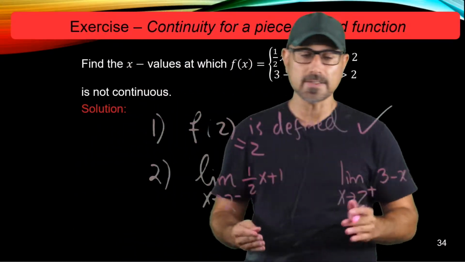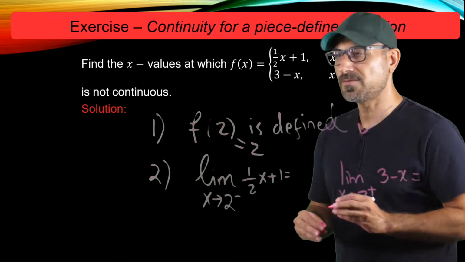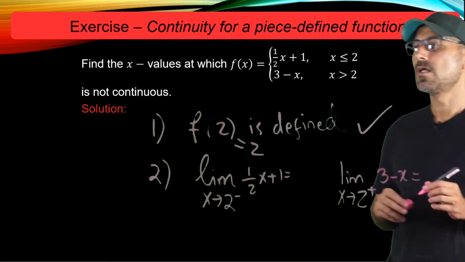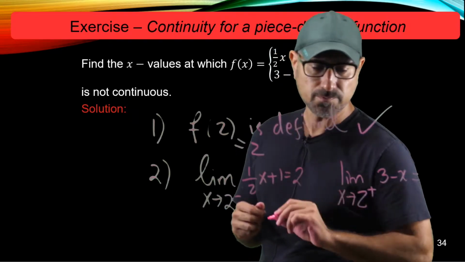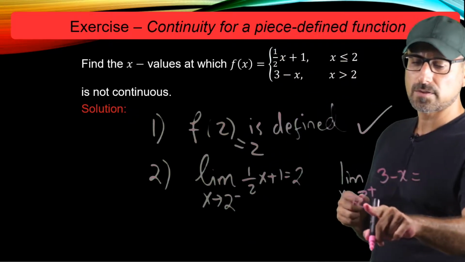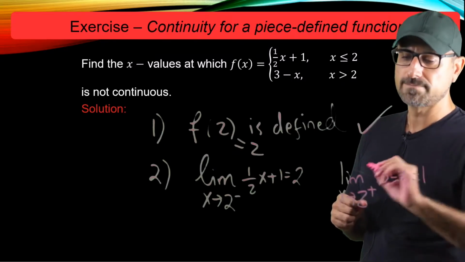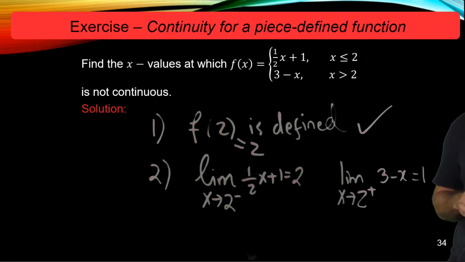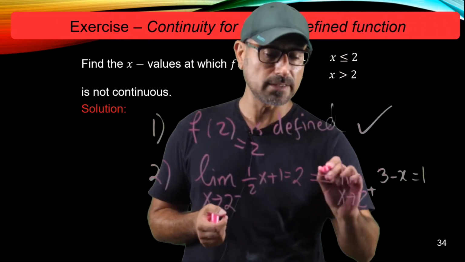Since both are polynomials, the limit would be just the function evaluation. So 1/2 times 2 plus 1 is equal to 2. And when you plug in 2 for x, you get 1. Well, unfortunately, the left limit is not equal to the right limit.